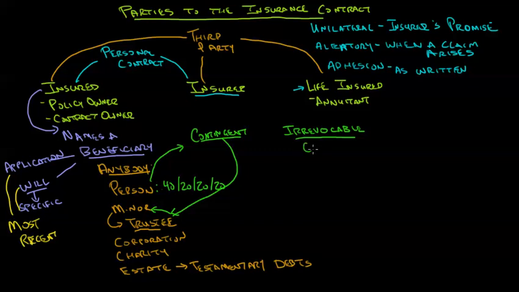The irrevocable beneficiary cannot be changed without that irrevocable beneficiary's written consent. This would be a beneficiary designation that would be filed with the insurer. This used to be done between, say, husbands and wives, but really, if you're in a relationship where everybody trusts one another, this wouldn't be appropriate for the most part.